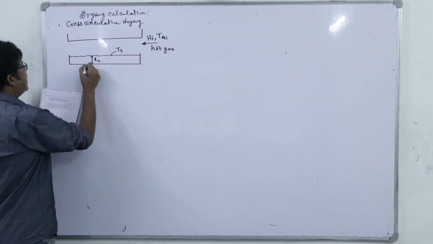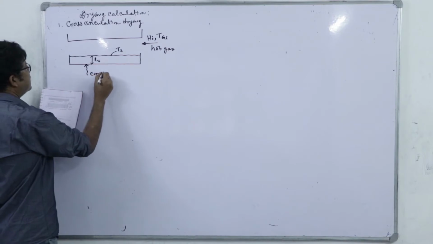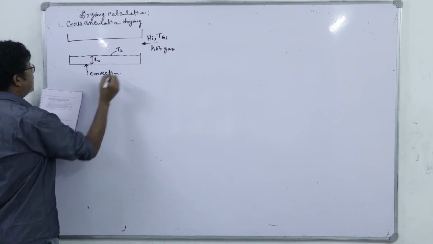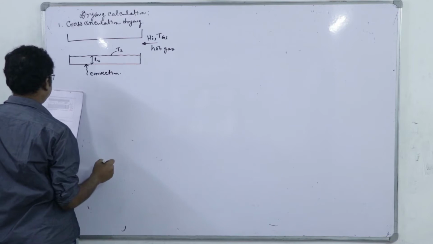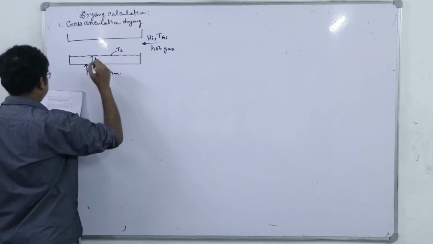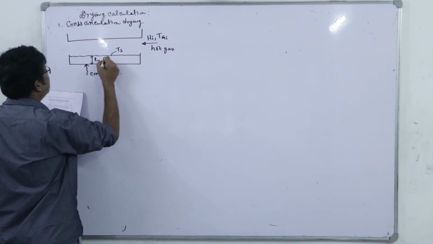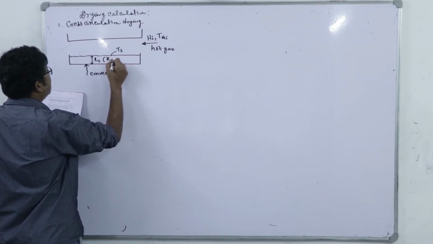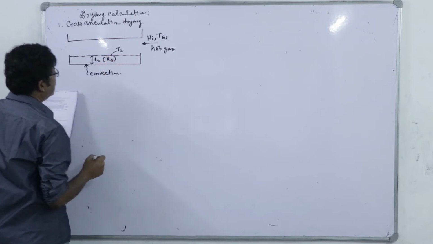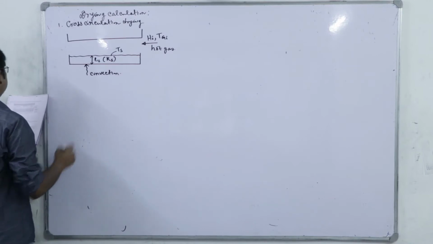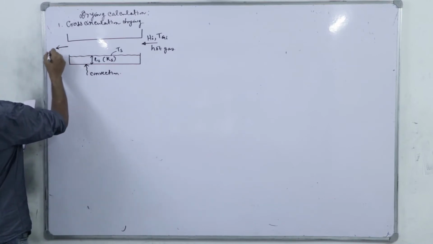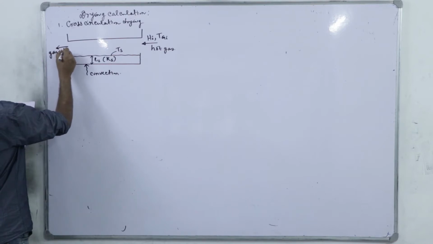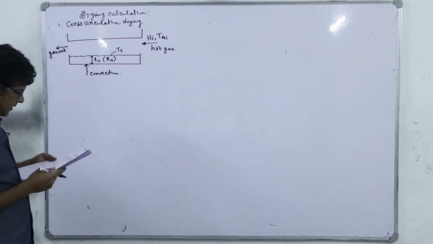Here also we will have the convection, right. So, Ls is the thickness and this has got Ks. The thermal conductivity of the solid is Ks and this is the gas out, right.